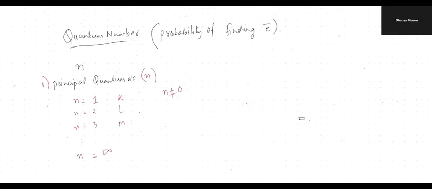Now, what does this quantum number n tell us? It tells us about the distance of the electron from the nucleus, and also the energy of the electrons.